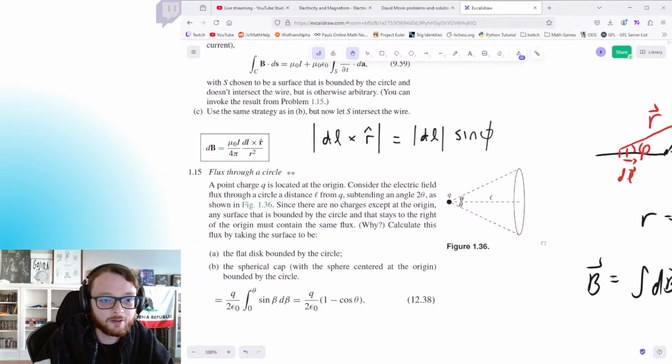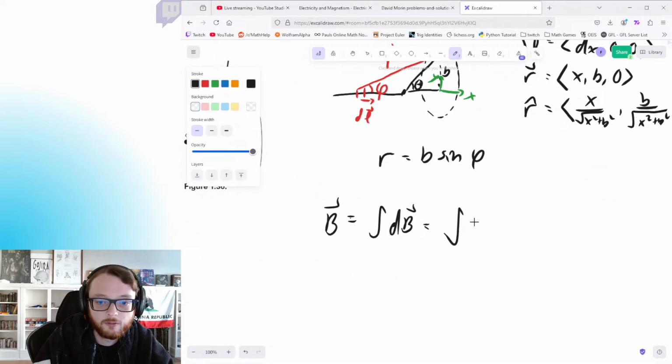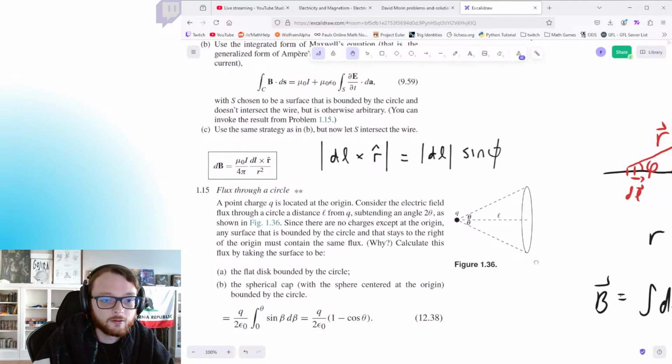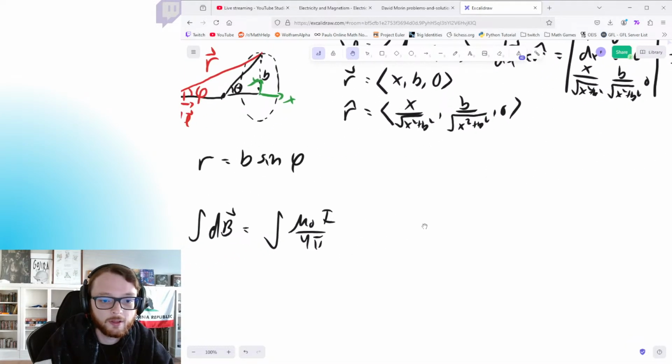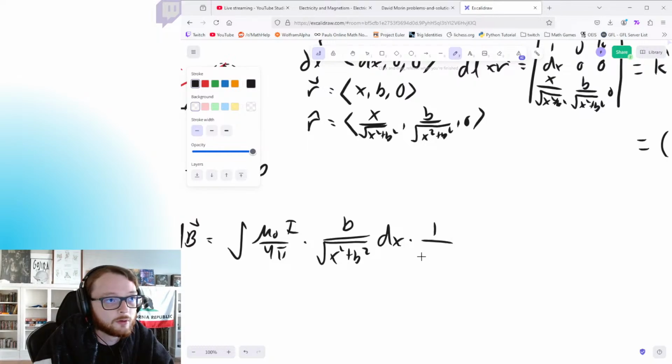So Biot-Savart: mu naught I over four pi, where mu naught I is constant. dl cross r hat is b over root x squared plus b squared dx, times 1 over r squared, which is just x squared plus b squared.